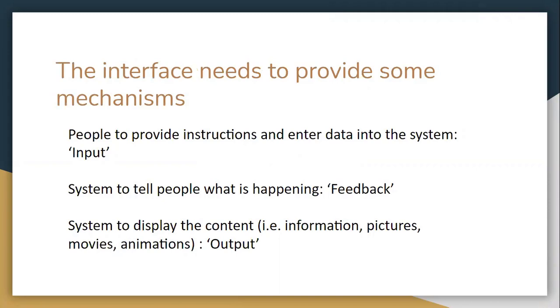Firstly, what is the input? Input lets people provide instructions and enter data into the system. Feedback means the system tells people what's happening. Output is the system displaying content, such as information, pictures, movies, animation, and so on.